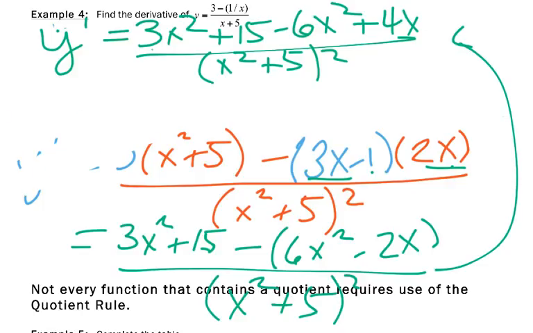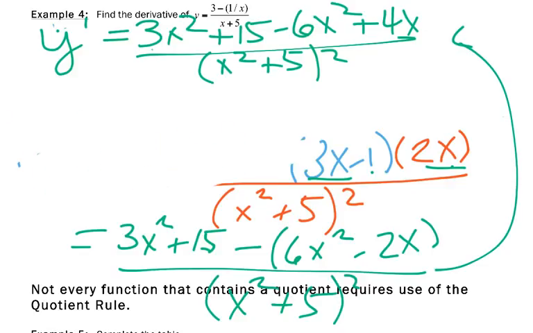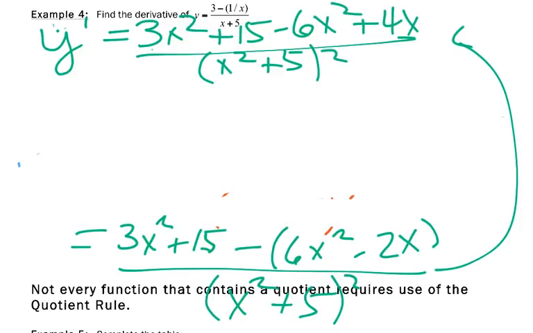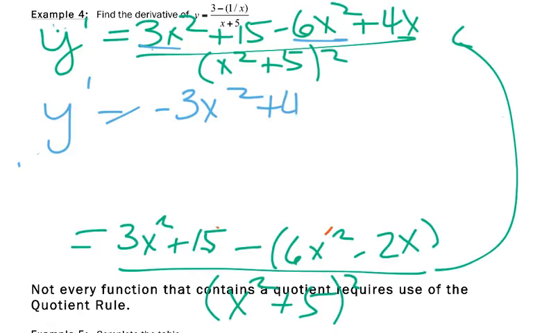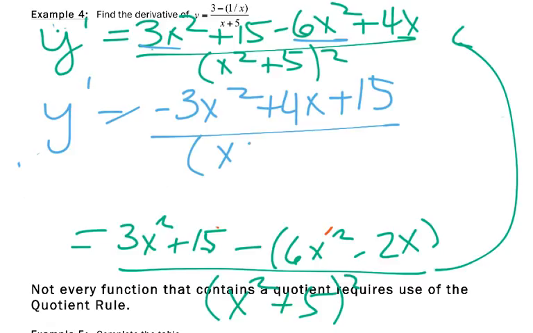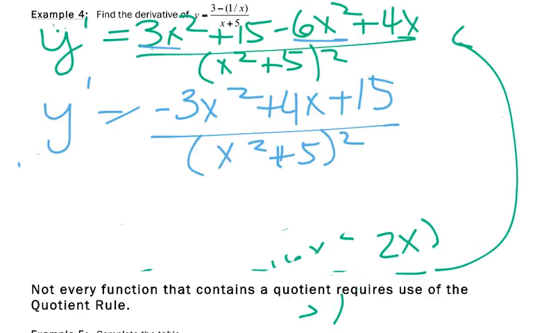Okay, so I'm going to erase a little more, give ourselves a little more room. 3x squared minus 6x squared leaves us with negative 3x squared, plus 4x plus 15, over (x squared plus 5) squared. And we can leave it like that, or you can actually multiply out the denominator. We're just going to leave it like that.